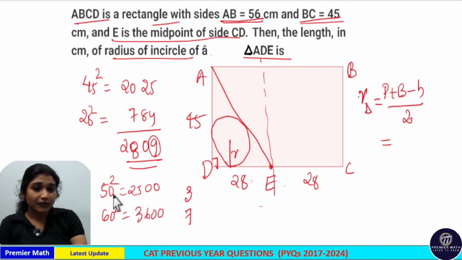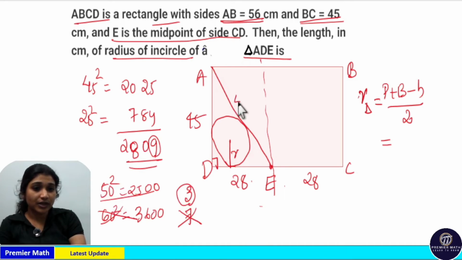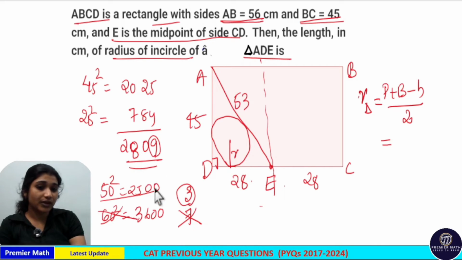So here 50 square and 60 square. If you compare, 2809 is nearest to 50 square, not nearest to 60 square. So we can ignore 60 square and 7. So 2809 is nearest to 50 square, meaning ending with 3. So it must be 53. 53 square is equal to 2809.